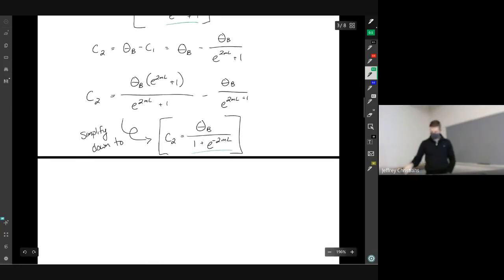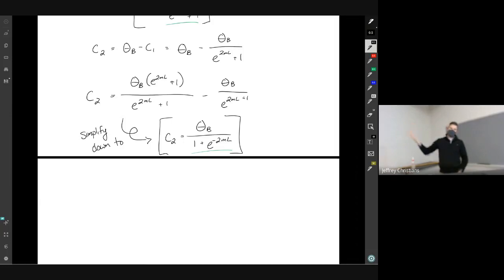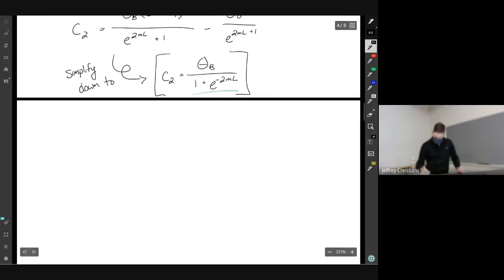But that only gives us our C1 and C2. So now we have to throw those back into the general solution to get our final answer. So put C1 and C2 into the general solution.